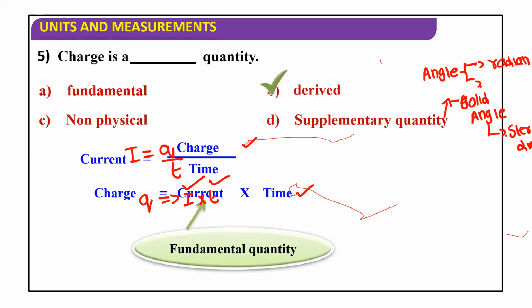The charge on a body is expressed in terms of two fundamental quantities. Hence, charge is a derived quantity.